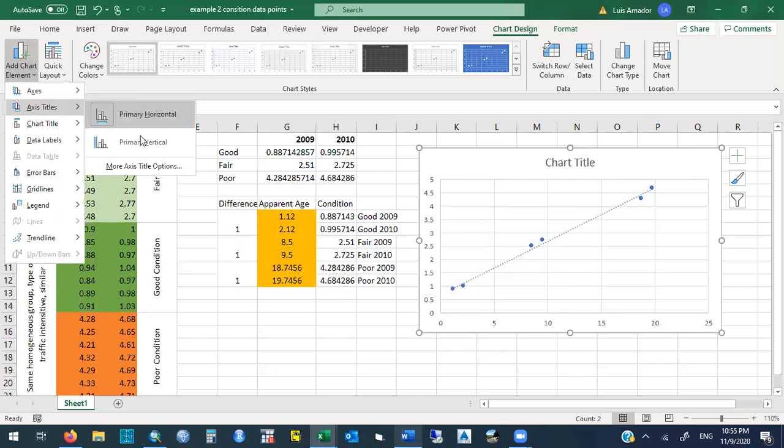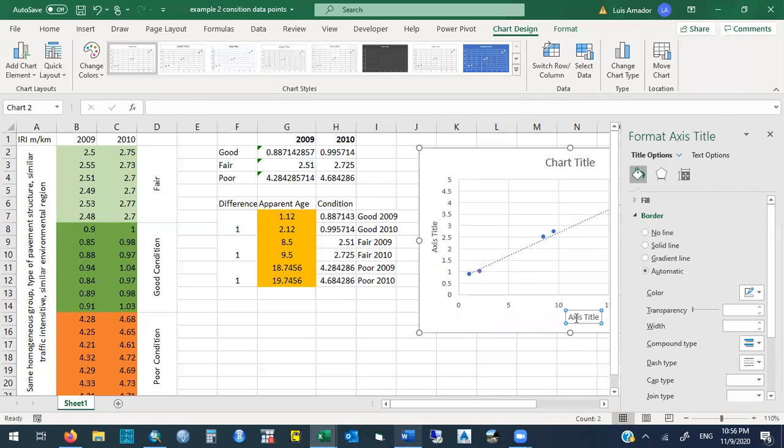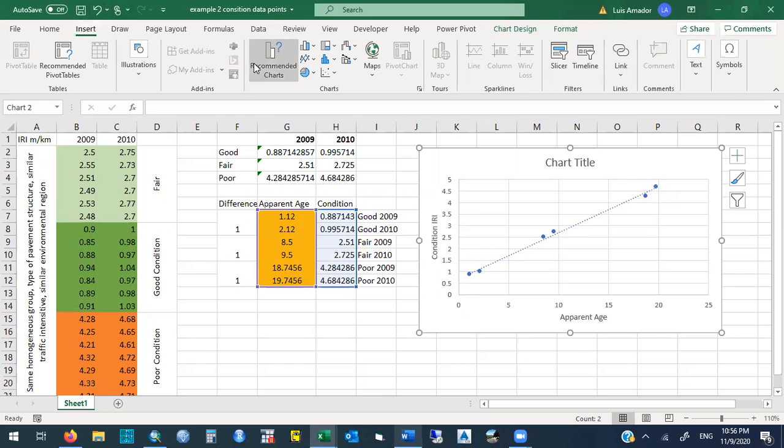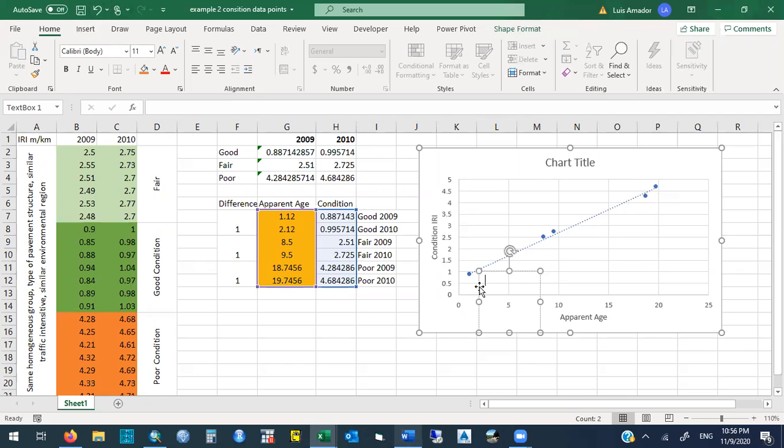And as I move through my groups, this is the apparent age. And as I move in my groups, the condition will get worse and worse, because this group over here is my good condition.